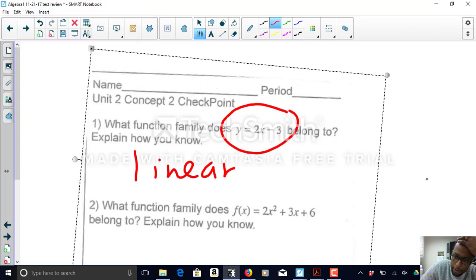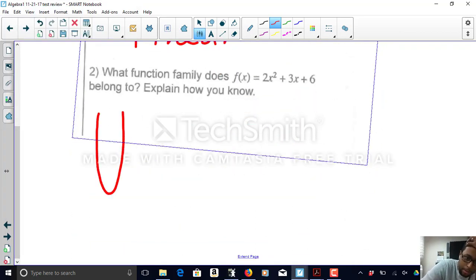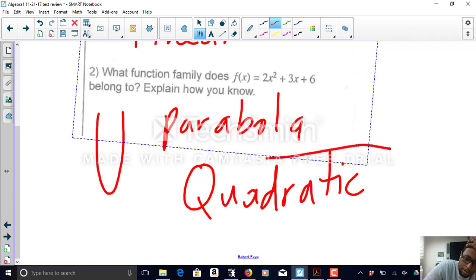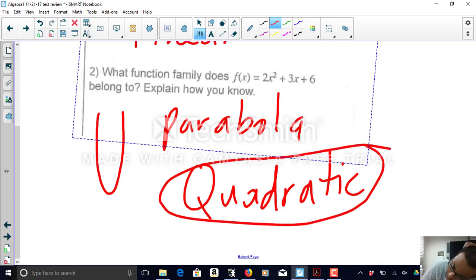And I see my U. Based on our notes, we talked about U's being parabolas. So if this is a parabola, then this is a quadratic function. Okay, quadratic function. So my answer in this case is a quadratic function.